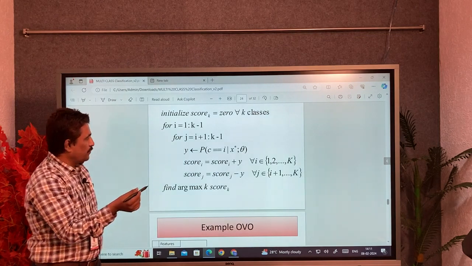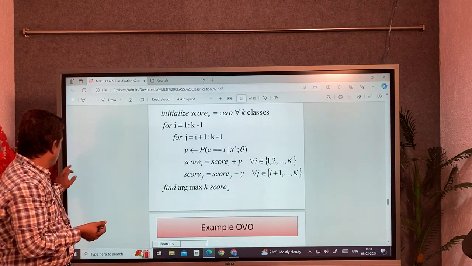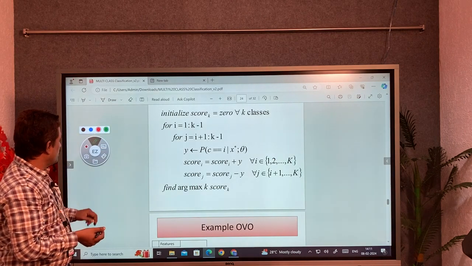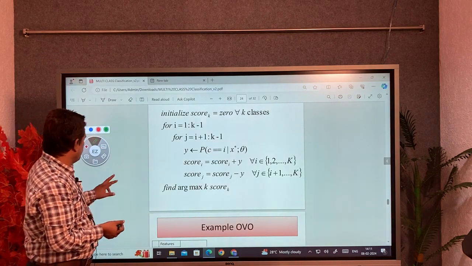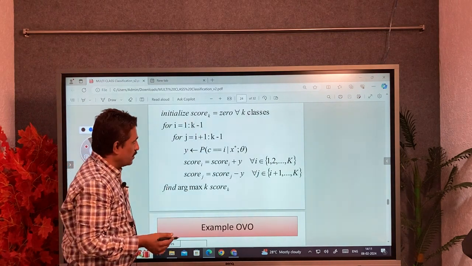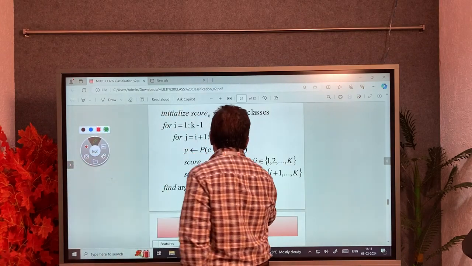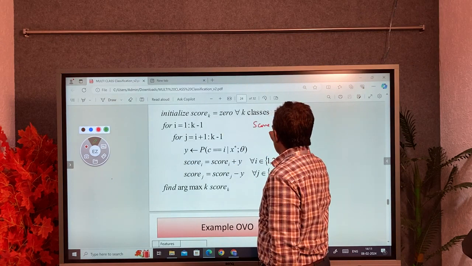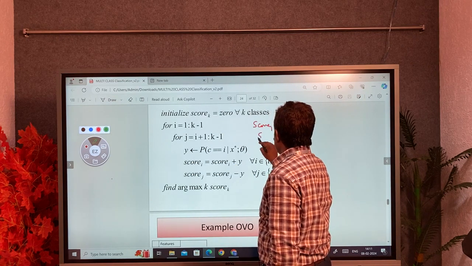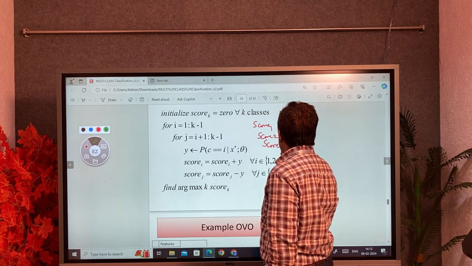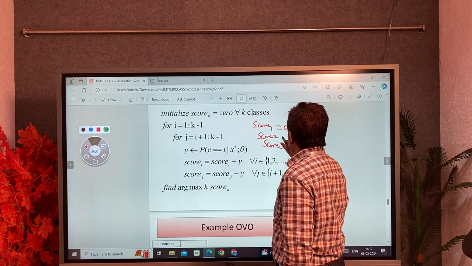Define some score for each class. So initialize the score equal to 0. That means we have a score for class 1, score for class 2, score for class 3. So make them all 0 initially.